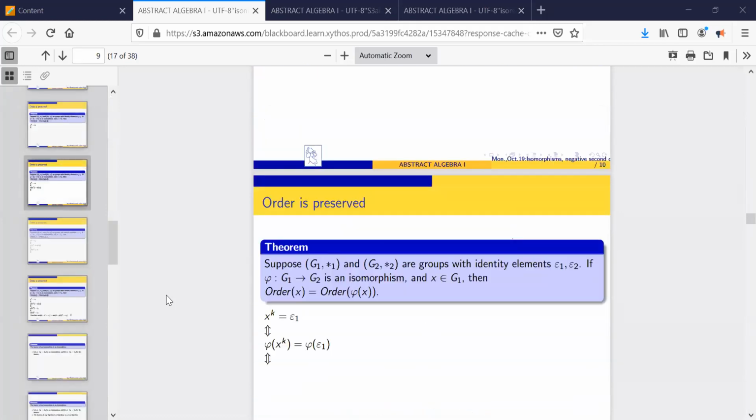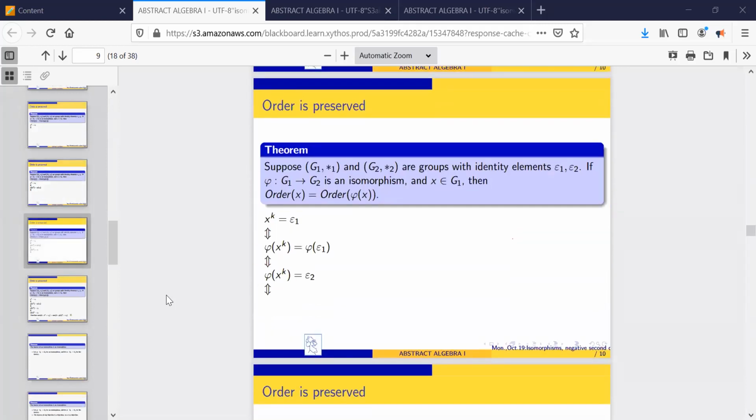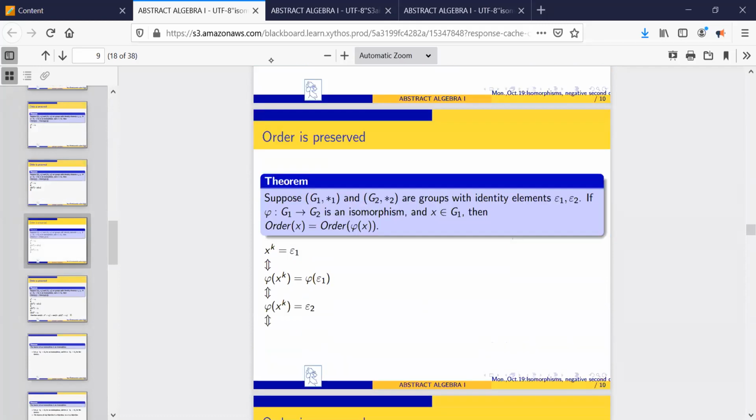Cool. So somebody give me two different, give me a group that is isomorphic to Z8. Okay.